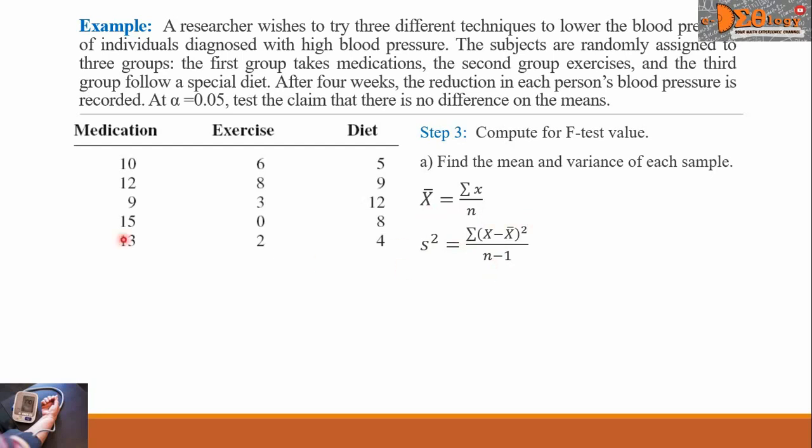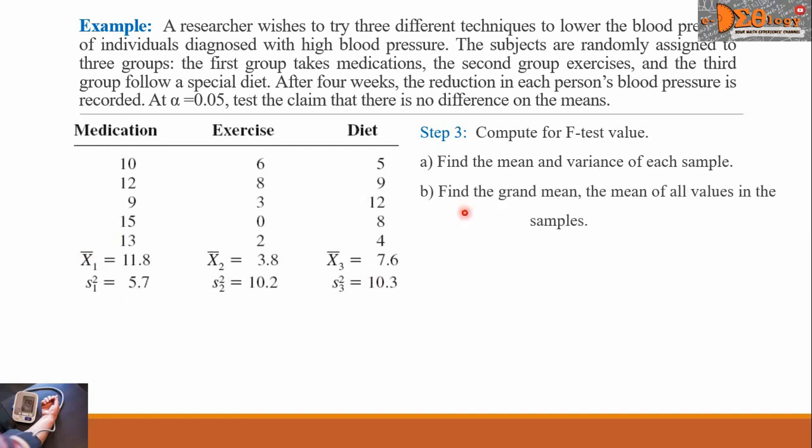Computing the mean for each group, we have 11.8, 3.8, and 7.6 respectively. While the variance, we have 5.7, 10.2, and 10.3 respectively.